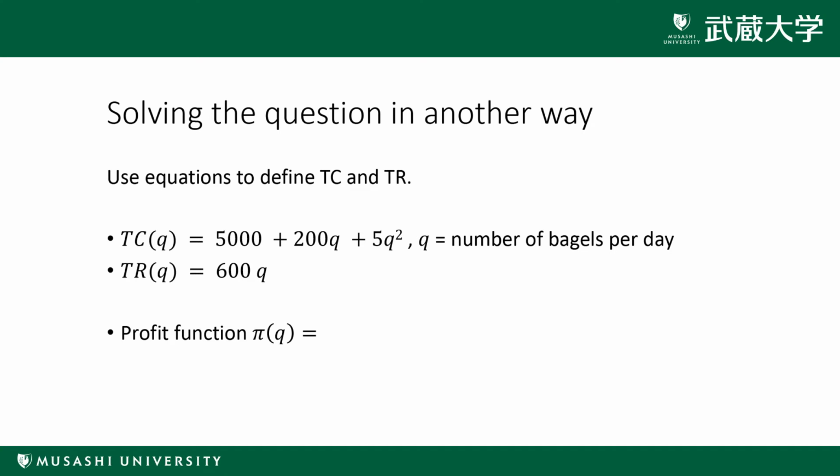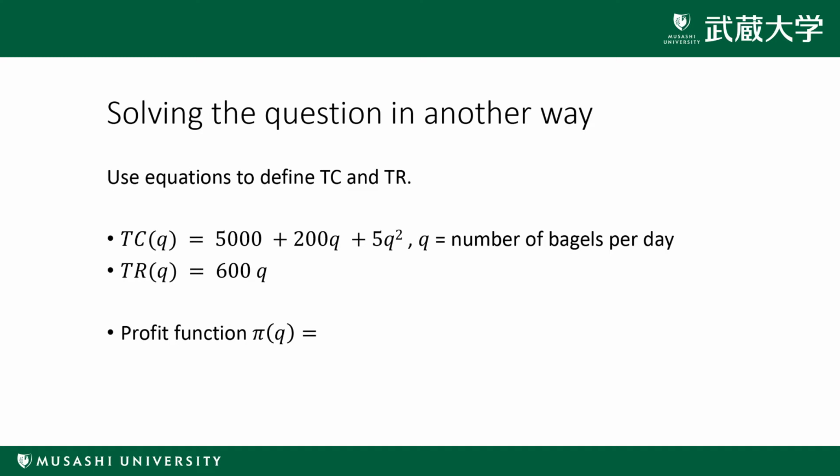And then right now, I'm going to introduce another way of solving the same problem, which is that we are going to use mathematics. Suppose we can define the cost function and revenue function using equations. So the total cost function is displayed here as 5,000 plus 200Q plus 5Q squared.